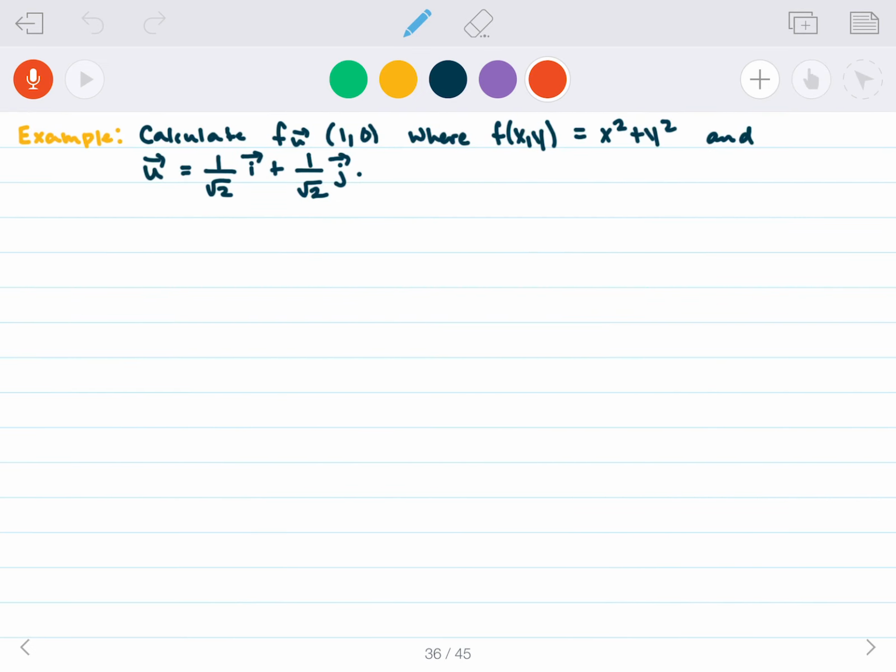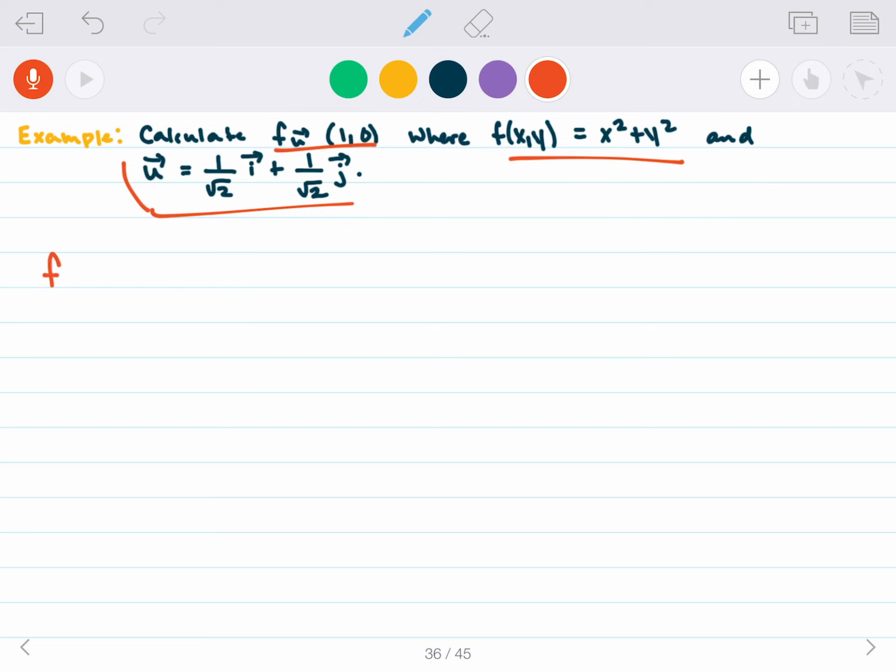So let's go ahead and use that definition that we just found to compute the directional derivative at (1, 0) of this curve in this direction. Now we already know that this is the unit vector, so we don't have to do any work there.